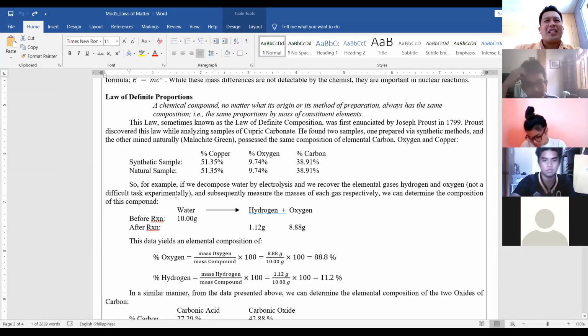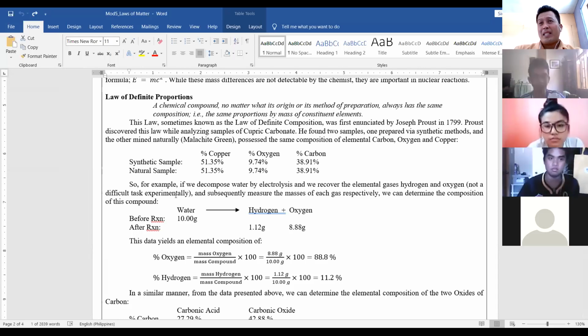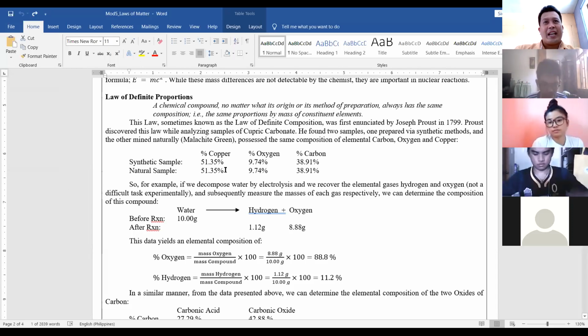Let's proceed with the law of definite proportion. The difference between the law of definite proportion is the total number of molecules present in a given compound. So when you talk about definite proportion, whether it is a natural sample or a synthetic sample made in a laboratory, they will all have the same percentage composition.